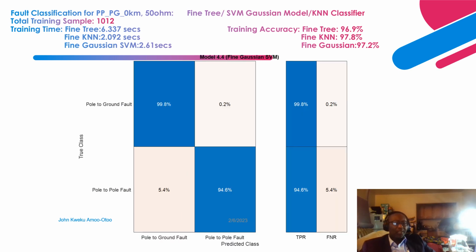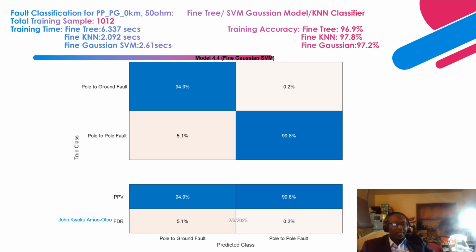Next slide basically shows you your percentages. The previous slide gives us the actual numbers, but this one is converted into percentage. For a pole to ground fault, the data predicted and classified accurately is 99.8%, and the misclassification is about 0.2%. For a pole to pole fault, misclassified data was 5.4%, and correctly classified data was 94.6%.